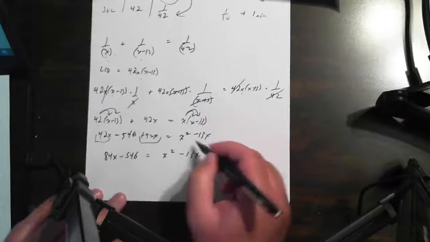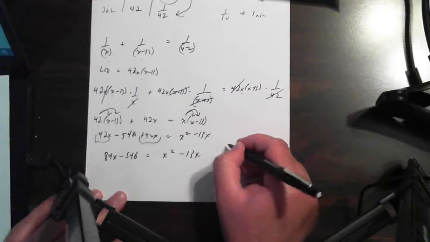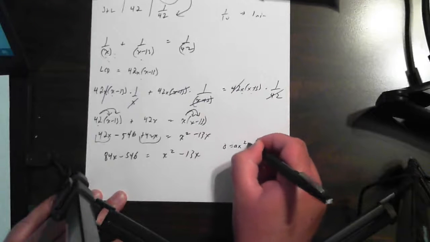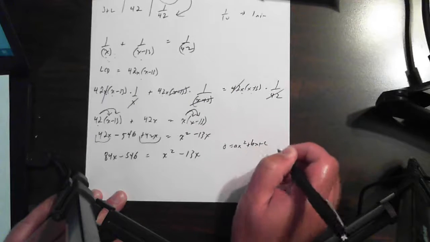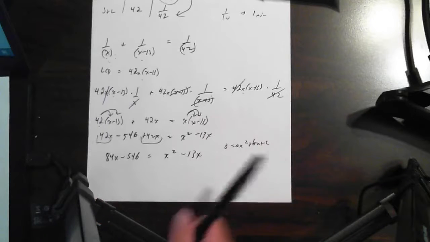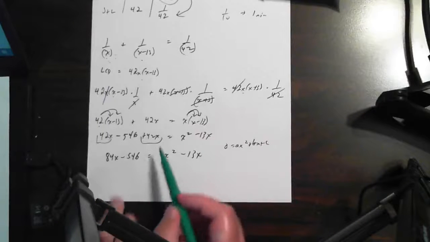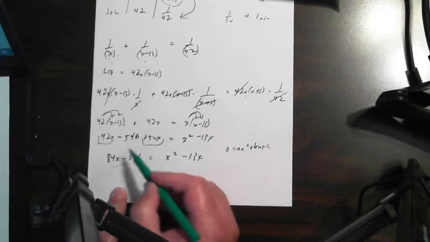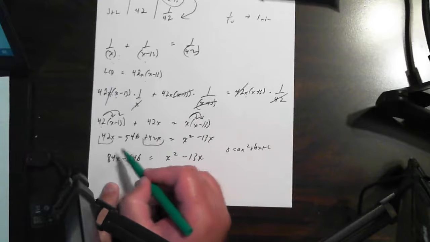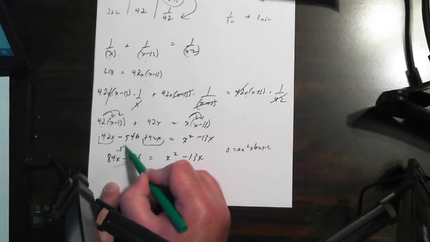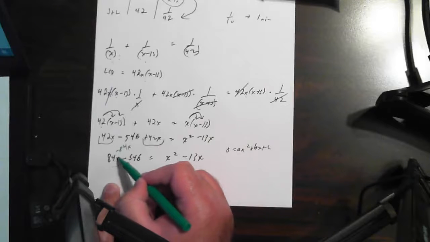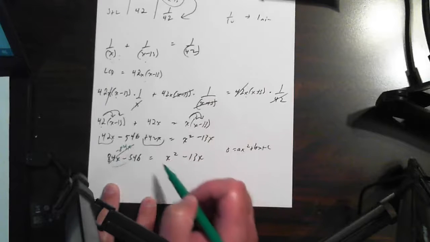And now I need to set this up as a quadratic equation. Remember, quadratic equations have all your terms written on one side of the equal sign. So I can move these things to the other side. This is a positive 84x, so to get rid of it I would subtract 84x, because 84x minus 84x gives me 0.